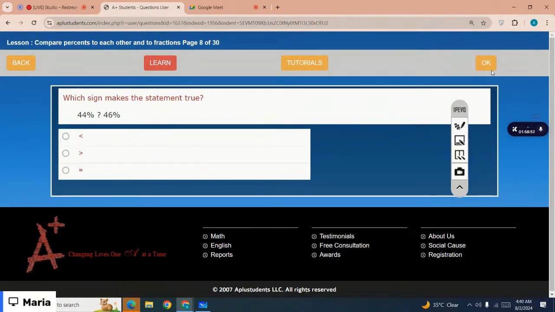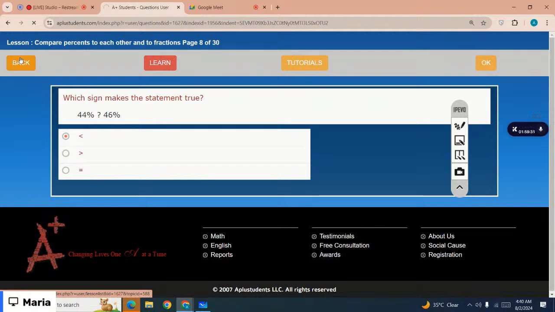Which sign makes the statement true, 44% and 46%? 44% is less than 46%. Okay, you can complete the lesson by yourself later today.